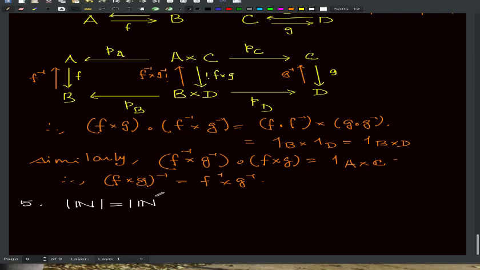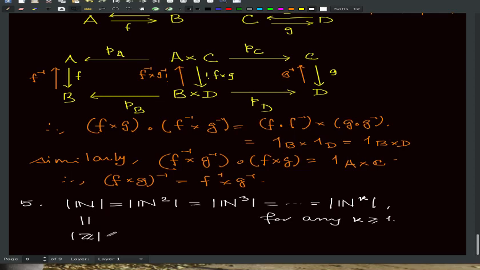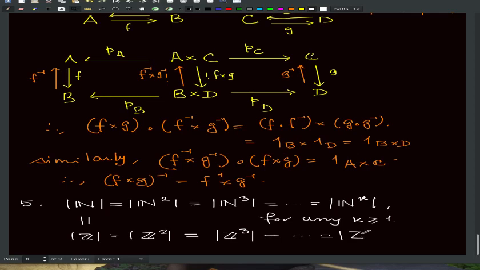N cross N, remember it is nothing else but the set of all functions from a two element set to N. You get it now?